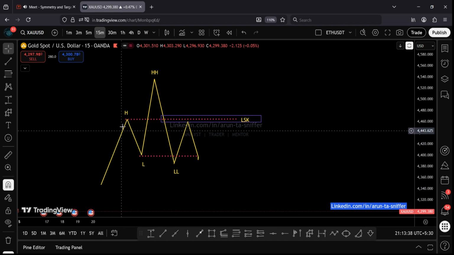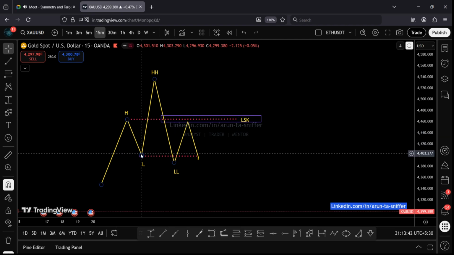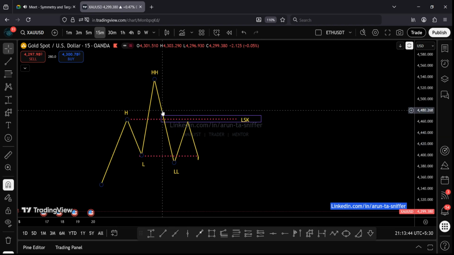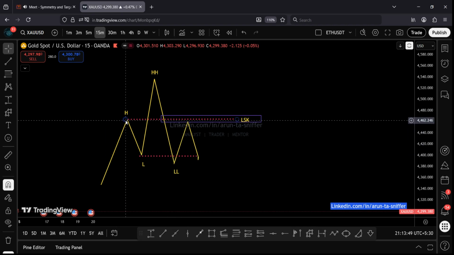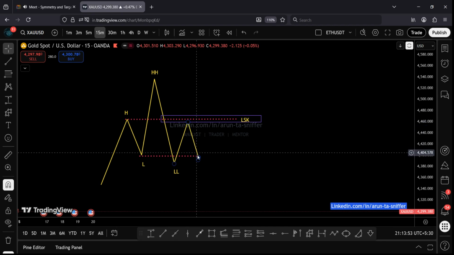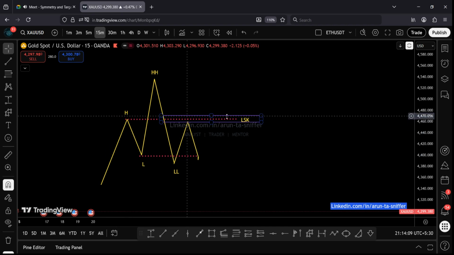Look at this, price goes up, reaches this level and comes down to this level. So in future when price goes back again to the kink of this level, most probably it will come down to this low again. This is what we call symmetry, and the target is set using this method for LSKs, for left shoulders using their LSKs.